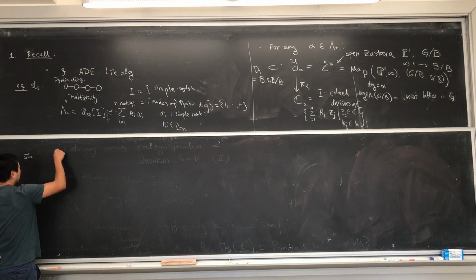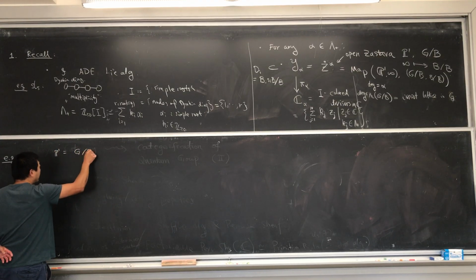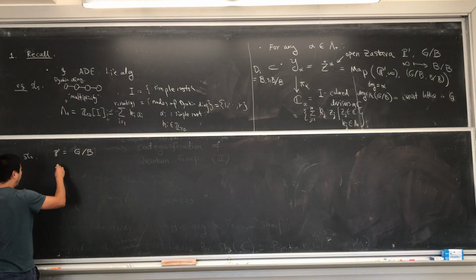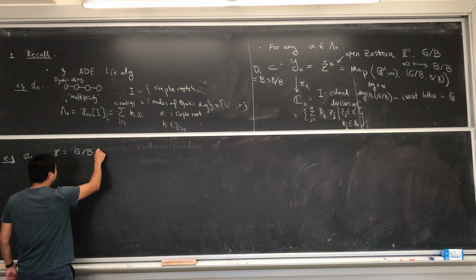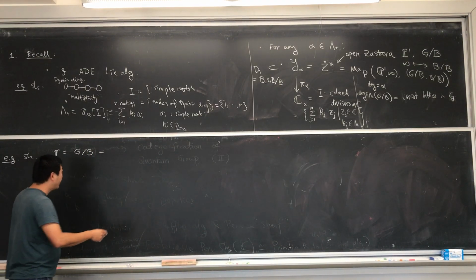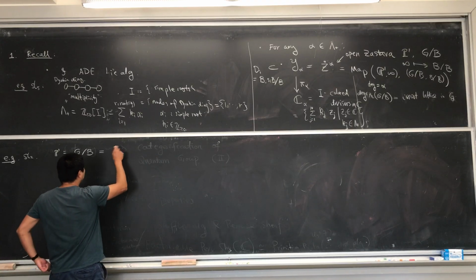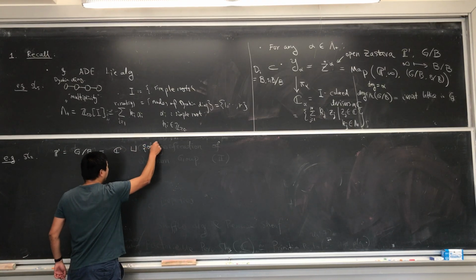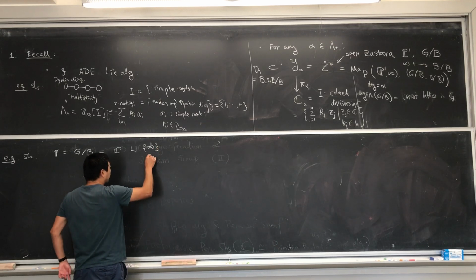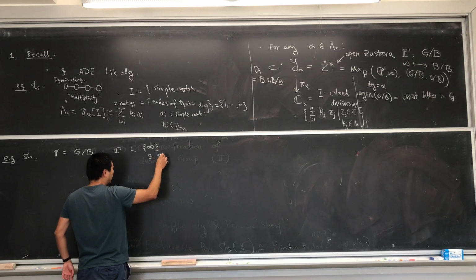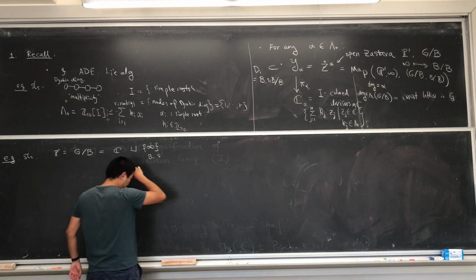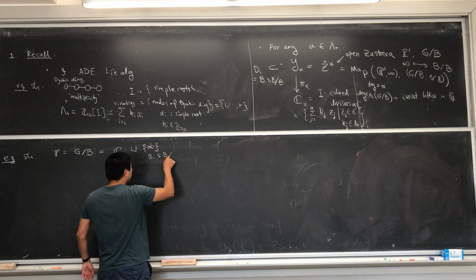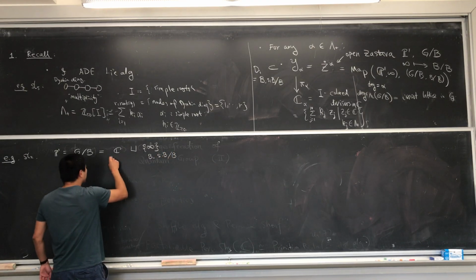Here P1 is G mod B. And here we can have this opposite stratification, which is C union infinity. Infinity is like a B minus, and this is just B minus.